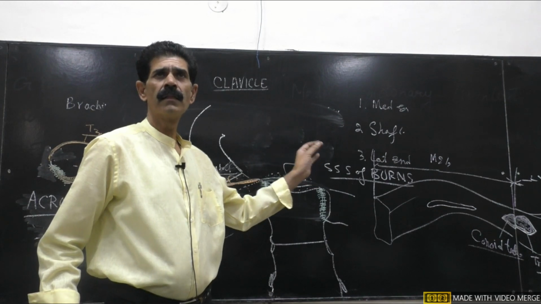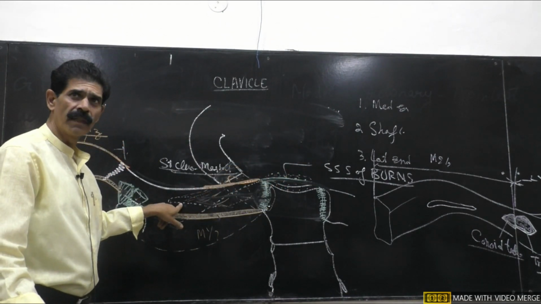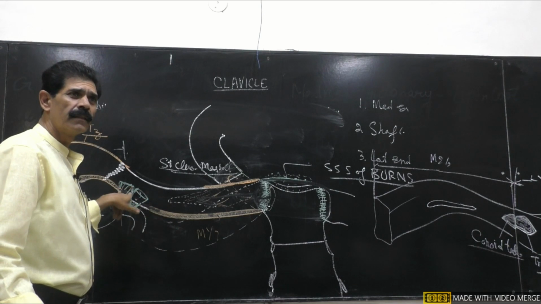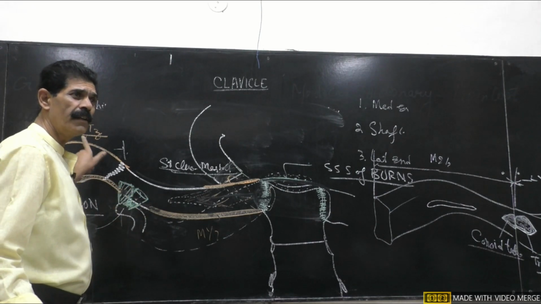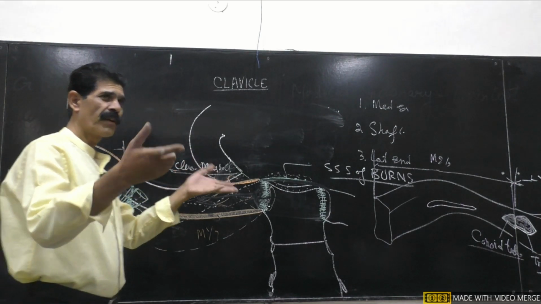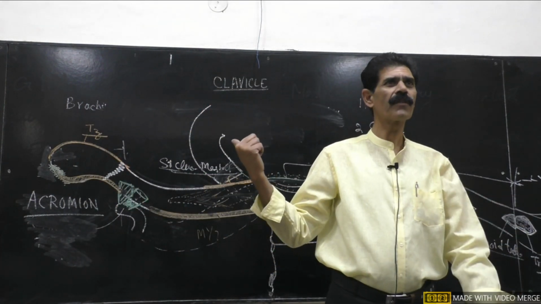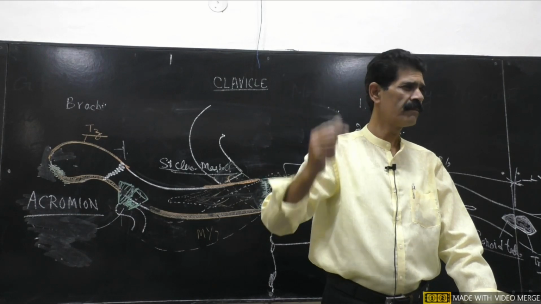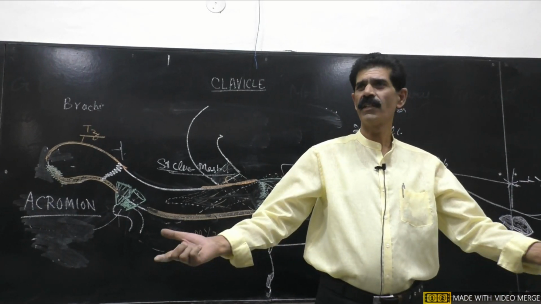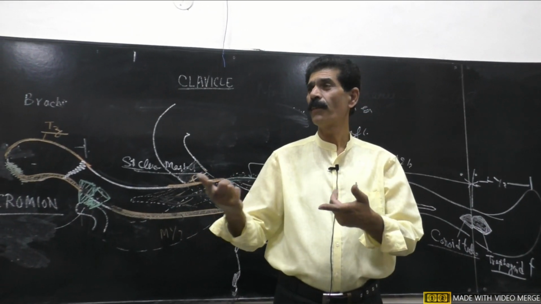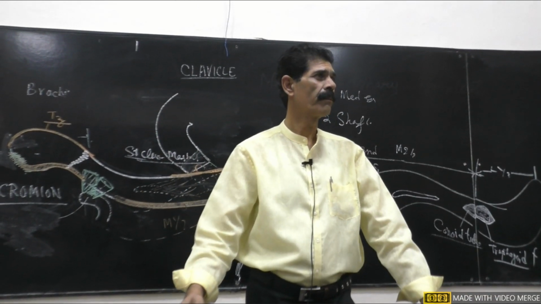Medial end, middle part, and again middle part, and again lateral part, they are all fixed. So where is there a chance of displacement? Dislocation of the clavicle is minimal. And this is the reason why it is a non-painful fracture of the human bone.